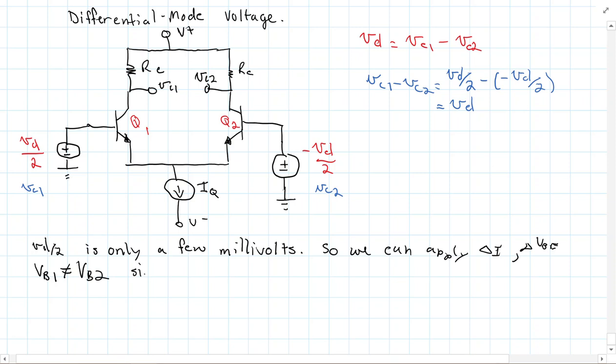And since VE1 still has to equal VE2 because they're tied together, right? The emitters here are literally tied together, so they have to be equal still. Then VBE1 no longer equals VBE2.